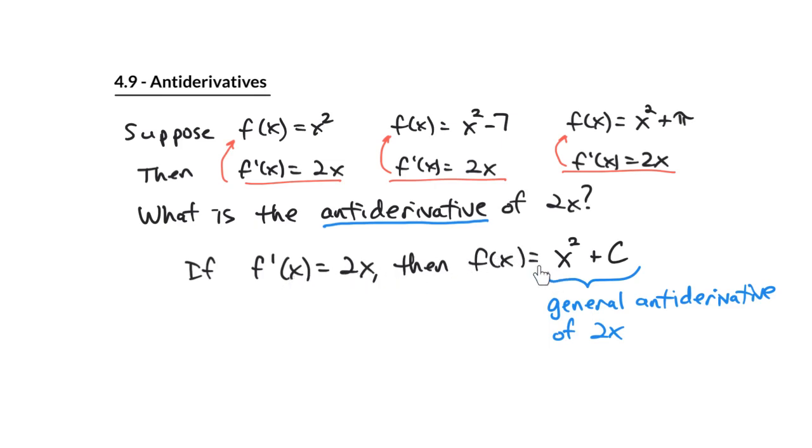Right? So the derivative of this is just 2x. So this x squared plus c is the general antiderivative of 2x. And we'll see later there'll be cases when we won't want a general one, we'll want a specific one, but we'll need more information at that point.